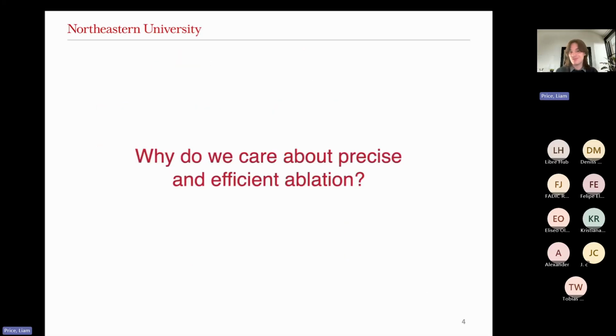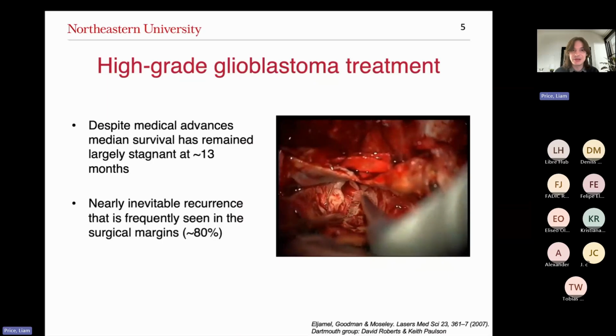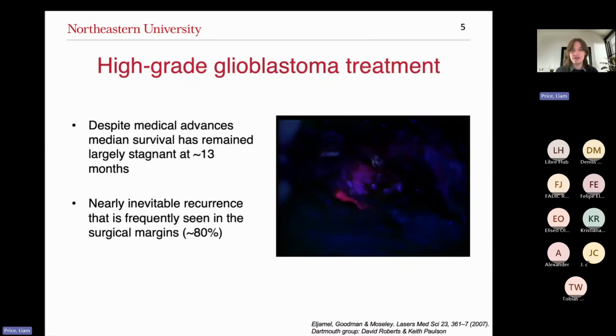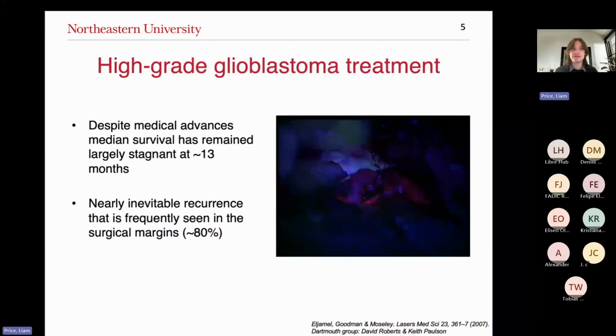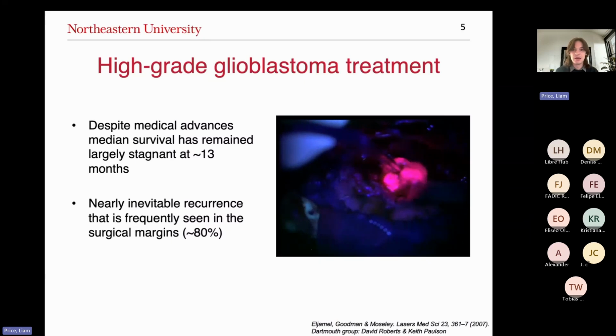And so why do we care so much about this precise and efficient ablation to begin with? Well, largely it's to do with this idea of high-grade glioblastoma treatments. There have been quite a few advancements in how patients are treated for this really severe disease.